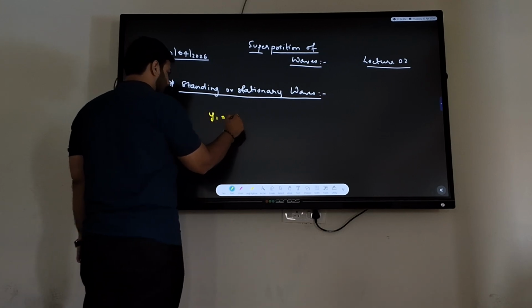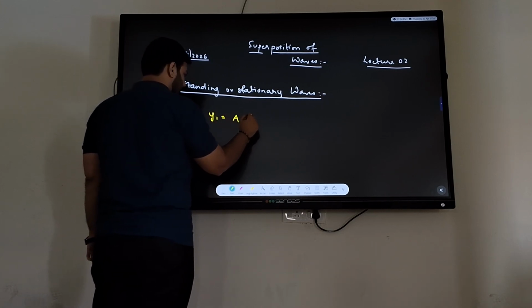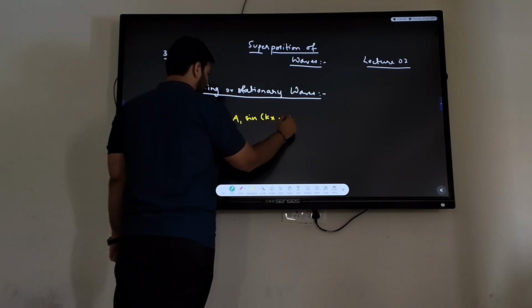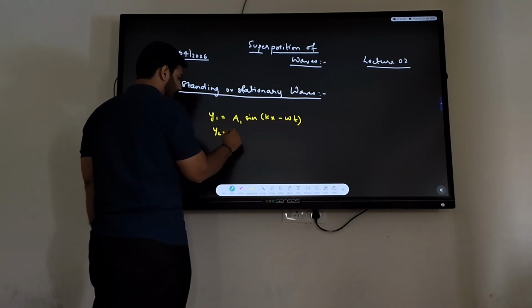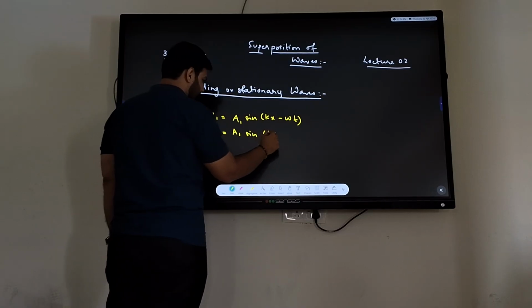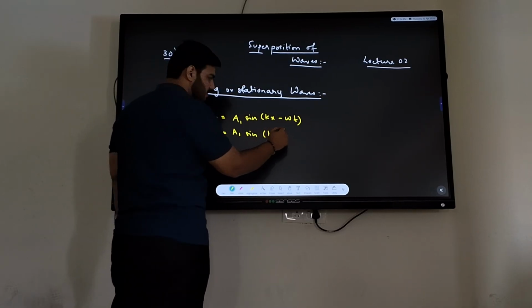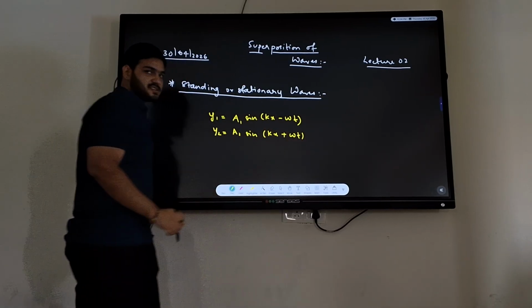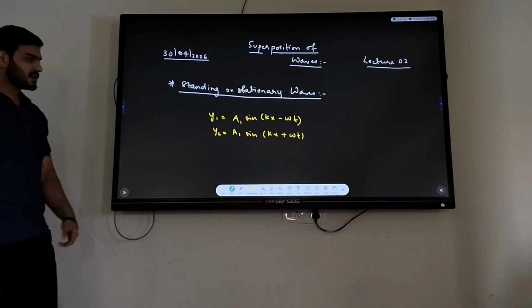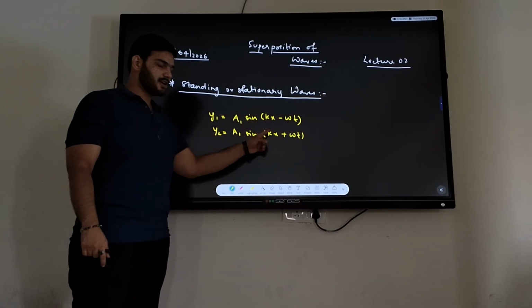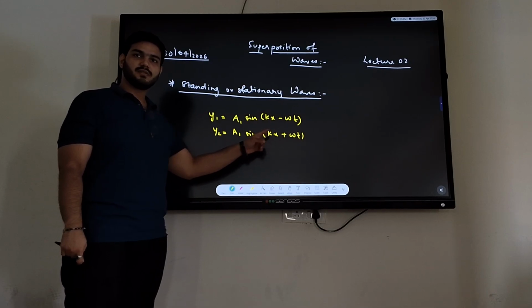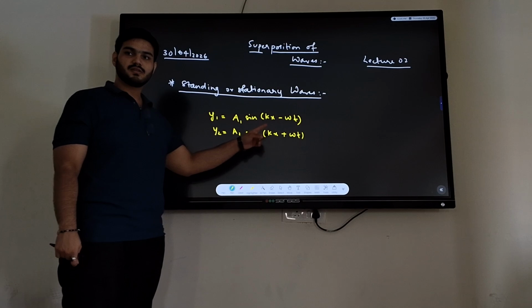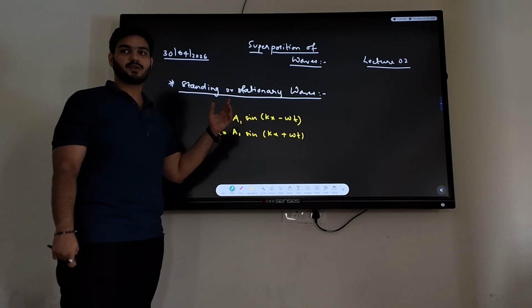Y1 can be taken as A1 sine kx minus omega t. What could Y2 be taken as? A2 sine kx plus omega t, the plus represents the other direction. Why am I not writing K1 and K2? Because the sources are taken to be coherent.